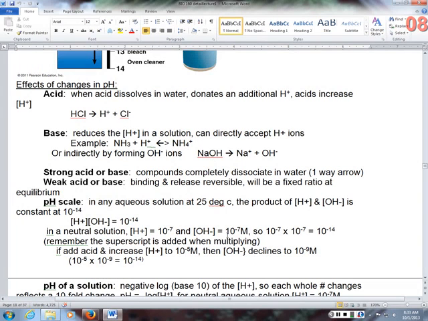A weak one does not completely dissociate, so the reaction is more reversible, and you have a fixed ratio at equilibrium, but the reaction reverses more equally. So that's one of the things that is sometimes confusing to people: it's about the strength of the bond, not the pH, when we talk about a strong acid or a weak acid.